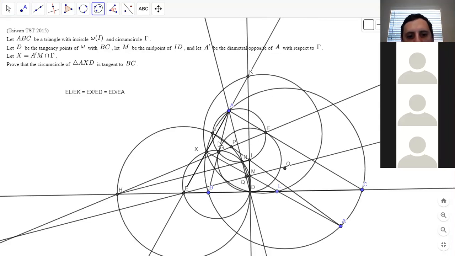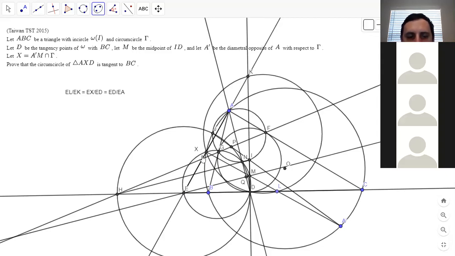I will prove X prime is equal to X. So E prime is the midpoint of HD, and X prime is the intersection of AE prime with the circle.